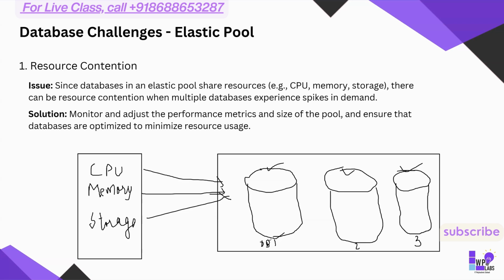Now database 1 suddenly uses a lot of resources, taking a lot of CPU, memory and storage. This single database takes it. At the same time, the other databases get fewer resources because database 1 is getting more of them. Their resources start to shrink until there is little computing power and storage left.